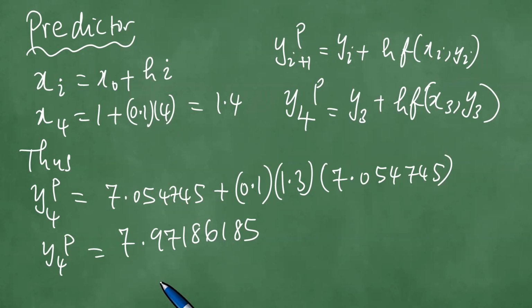I'm double-checking to make sure that we're getting the correct answer: 7.05475 plus 0.1 times 1.3 times 7.05475.